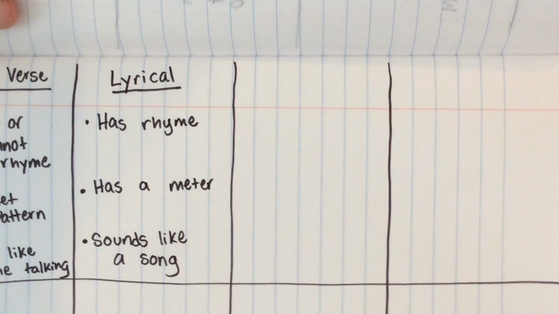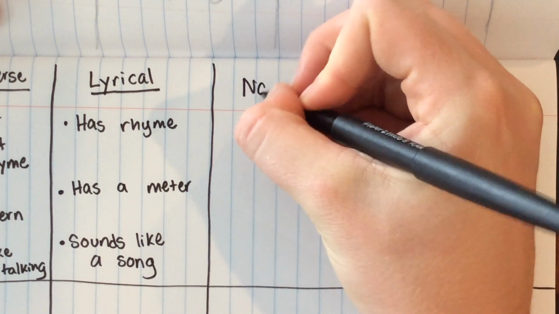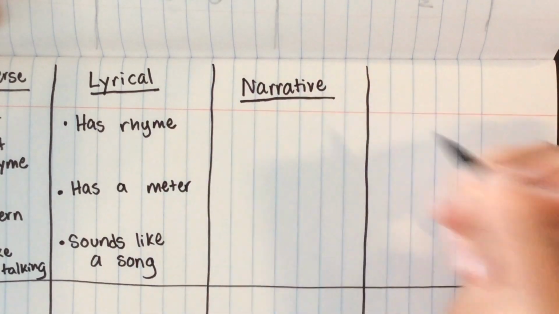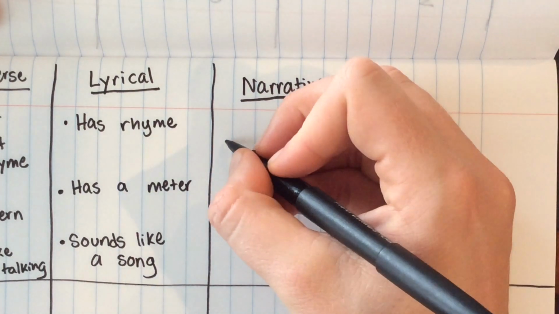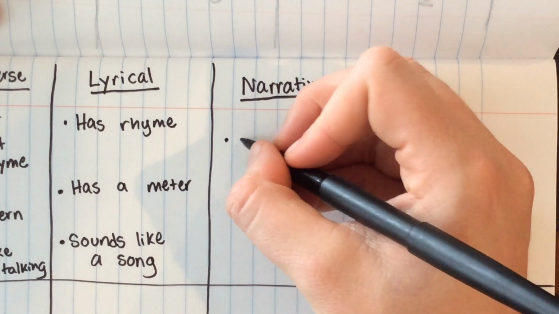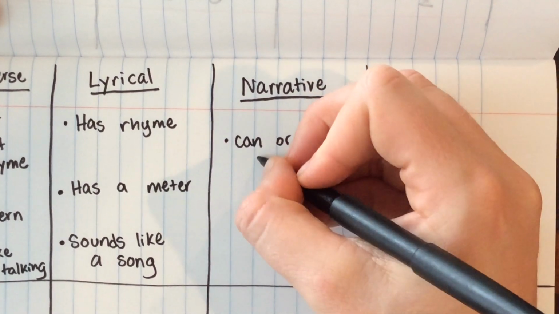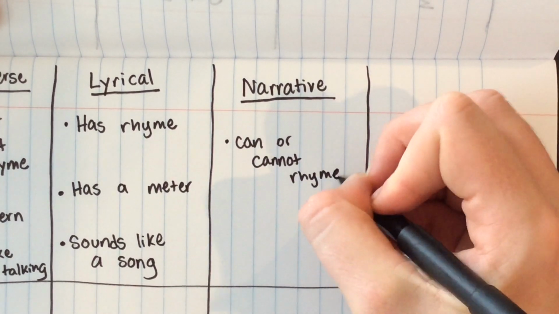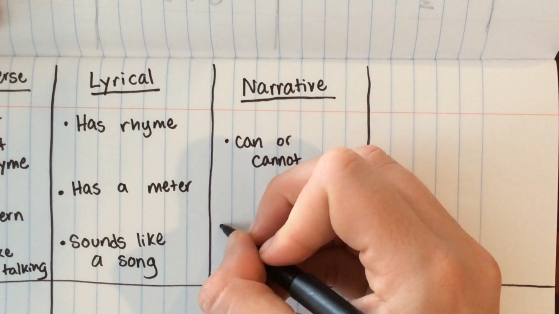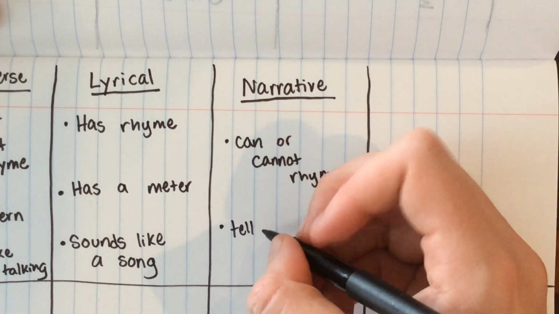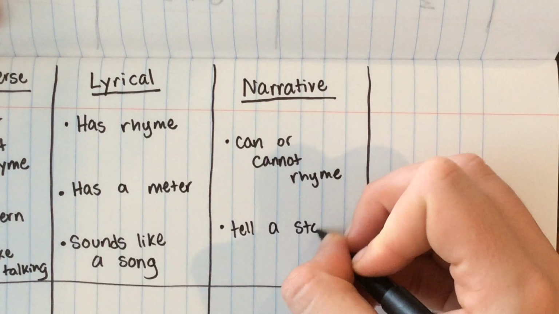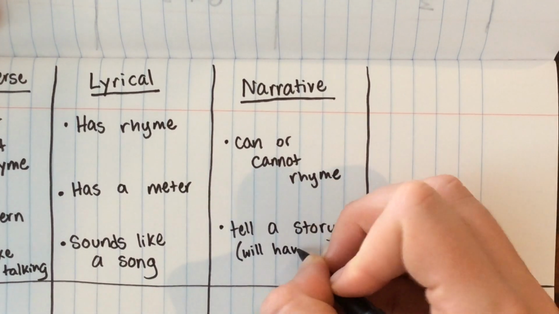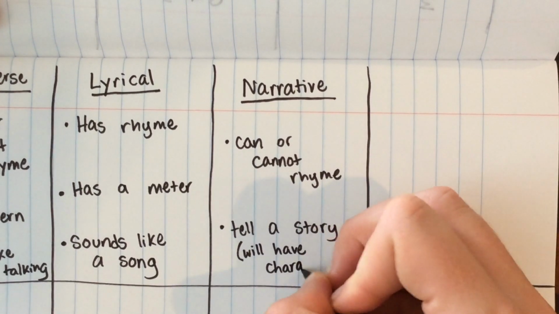All right, the next really important poem type you need to know about is narrative. Narrative poems can or cannot rhyme. And here's the really big one. Narrative poems tell a story. I'm going to put will have characters.